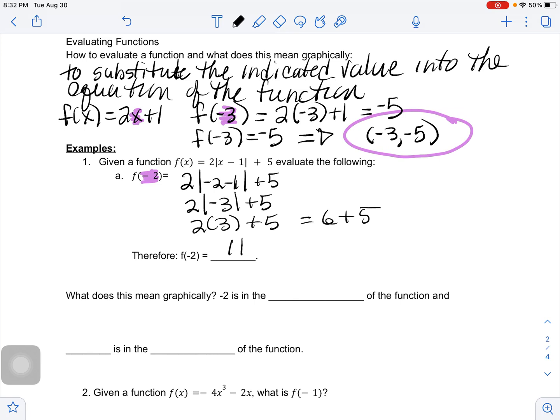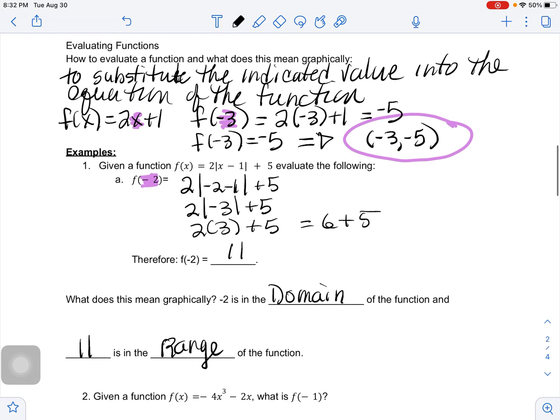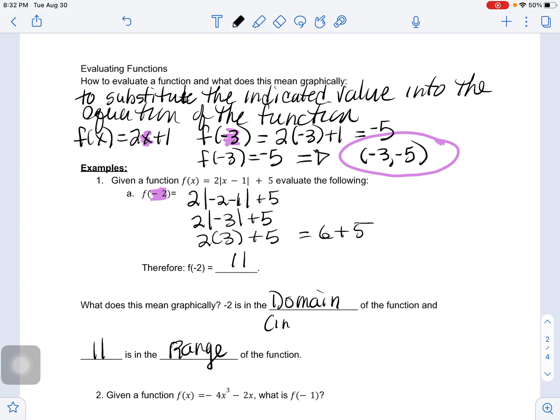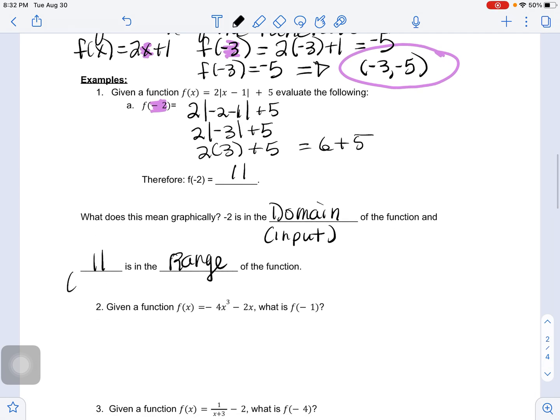What does this mean graphically? -2 is in the domain. We consider that the input of the function, and 11 is in the range. So -2 is the input. So let's just remember that, input, and 11 is the output.